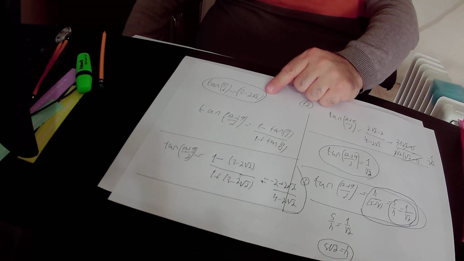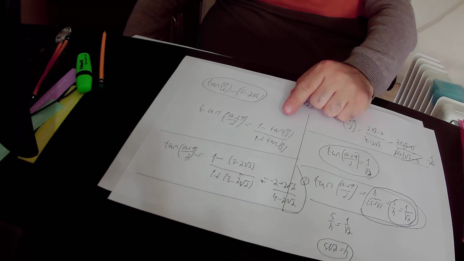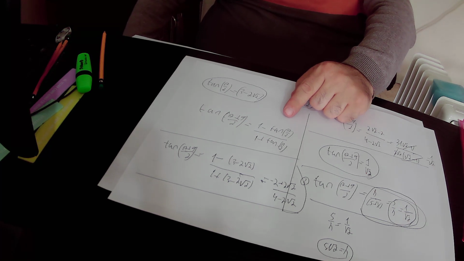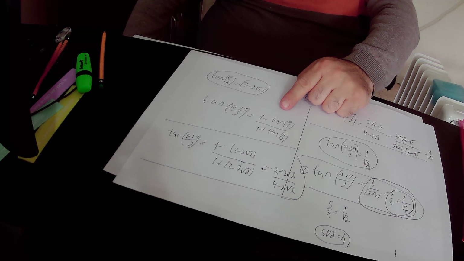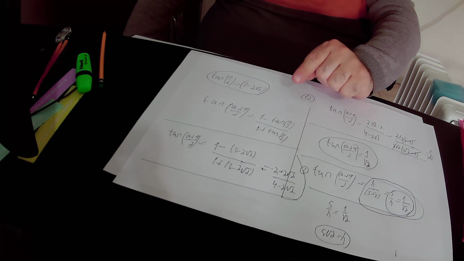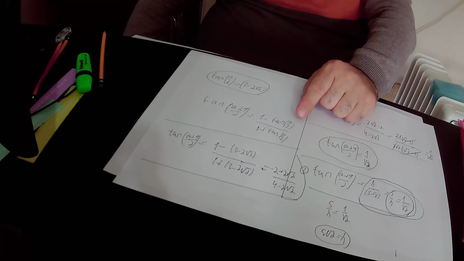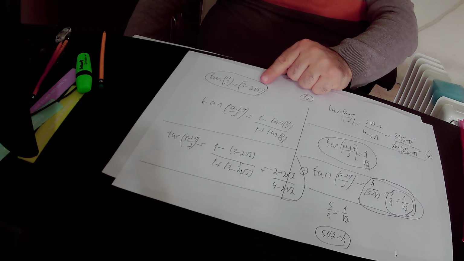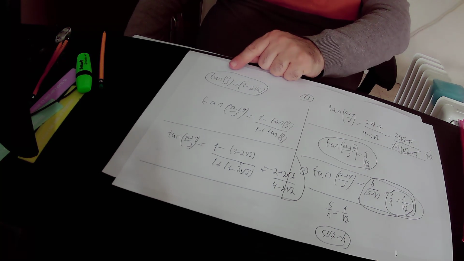And we have already found out that tangent of (theta plus alpha) over 2 equals 1 minus tangent theta over 2 over 1 plus tangent theta over 2. So we can substitute tangent theta over 2 by 3 minus 2 times square root of 2 because it equals to tangent theta over 2.